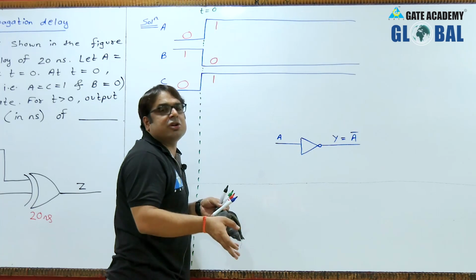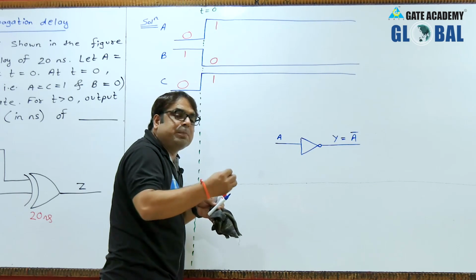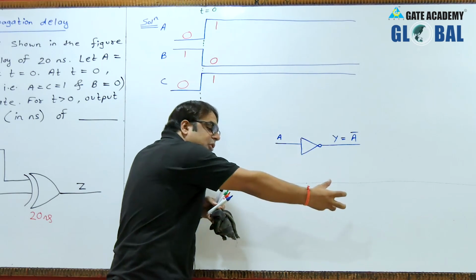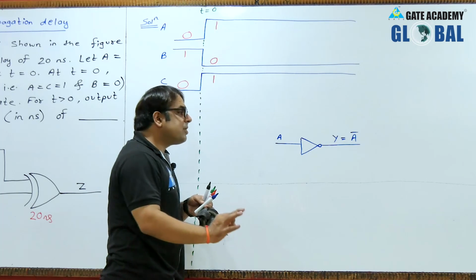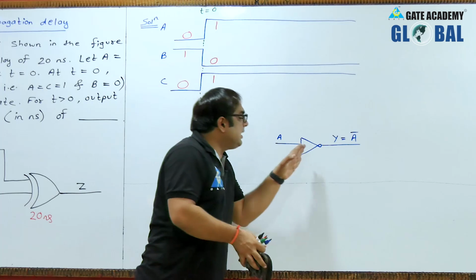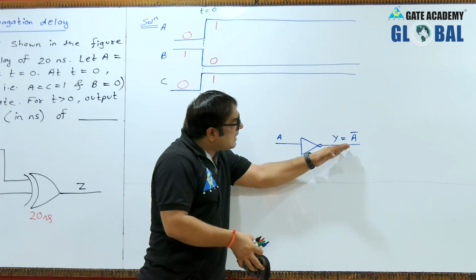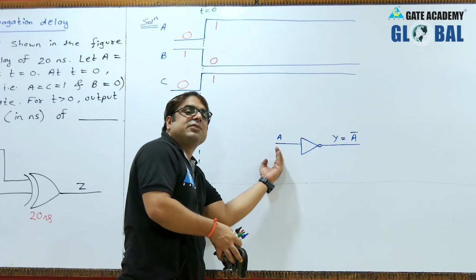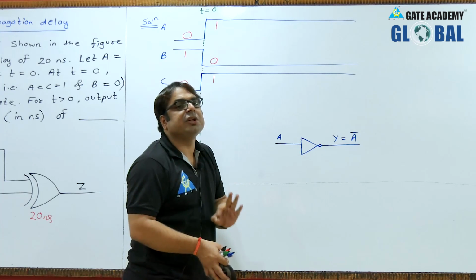Any technology it may be, it is actually a circuit, and input signal has to pass through the circuit, and then only we can get the changes in the output. So in the simplest possible way, the time which a logic gate takes to make the changes in the output with respect to the changes that were made in the input is called propagation delay.